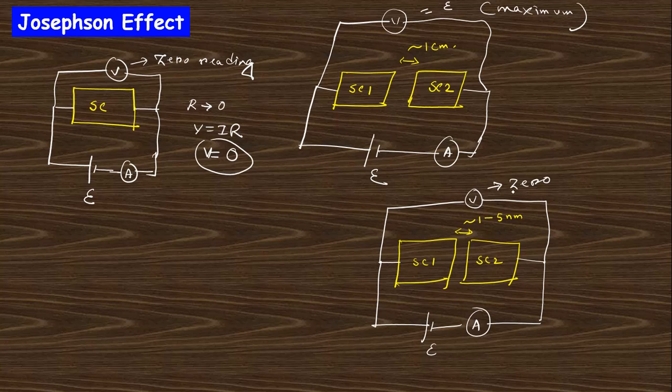Why? There is a gap present, but the voltage is 0. That means current is flowing.